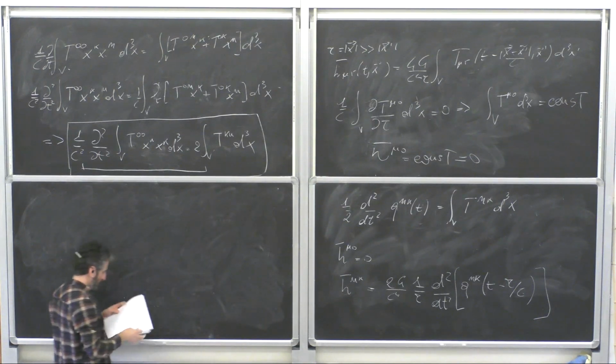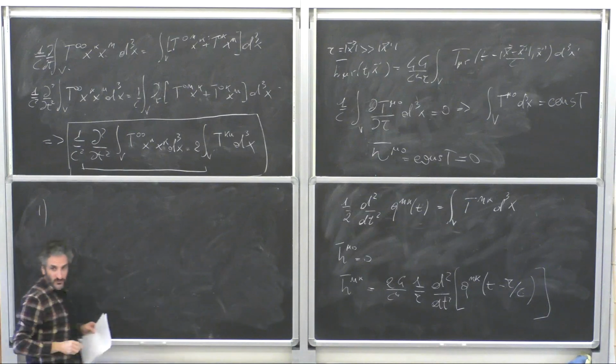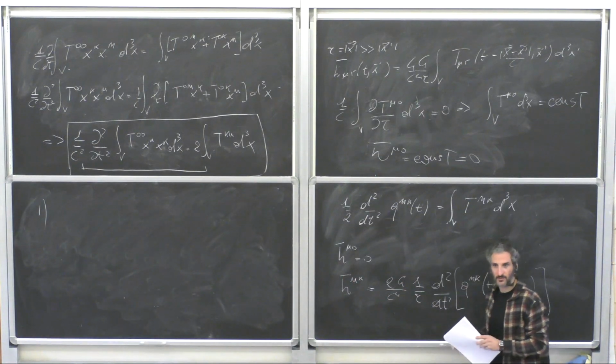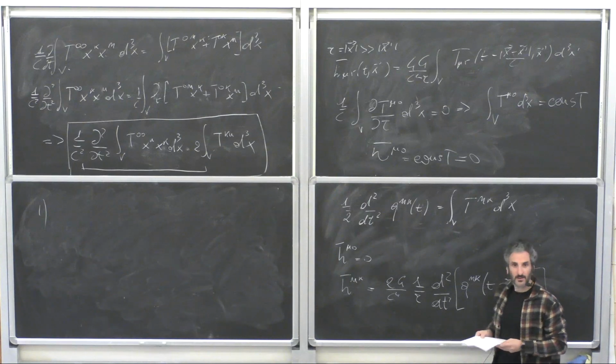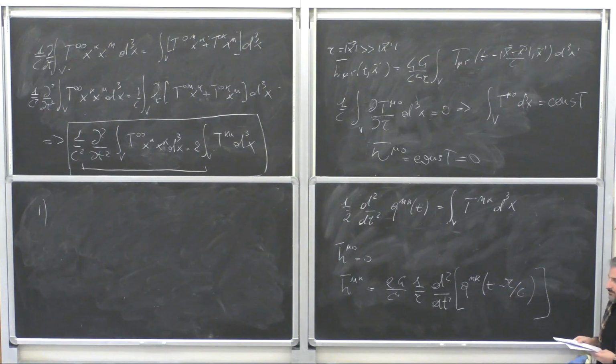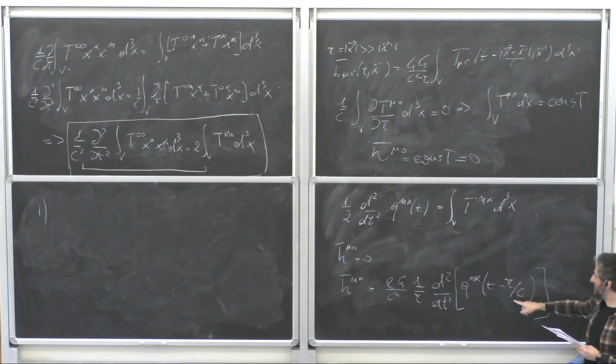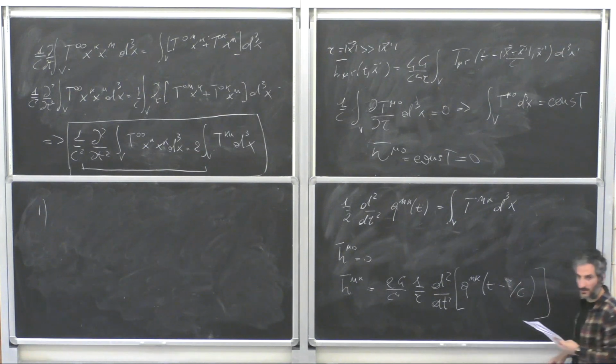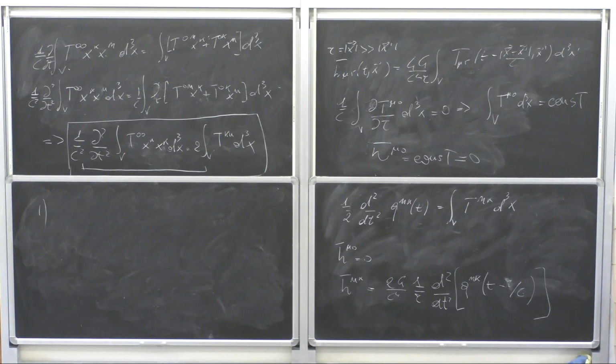If you have questions, ask me, it's better to talk to each other all together. This is t minus r over c. This is because it was x minus x prime.